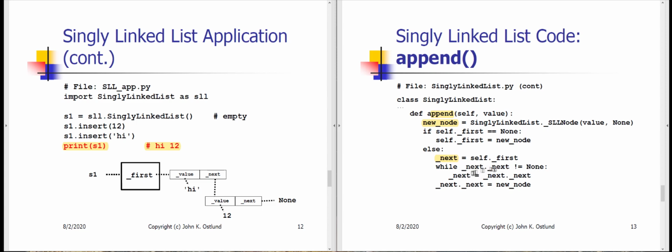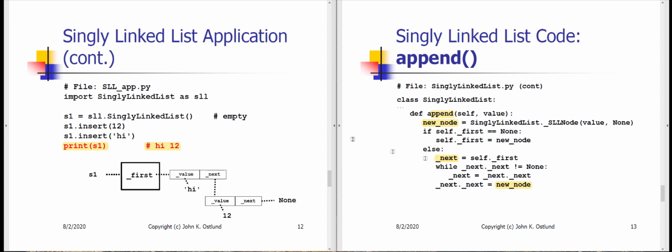And we keep going until we discover the node that is at the very end of the list. When we discover that next is None, then it's at this point that we want to add our new node. And now we're done.